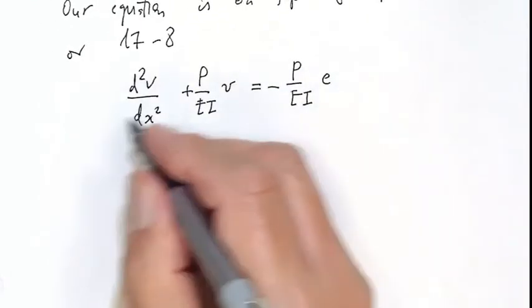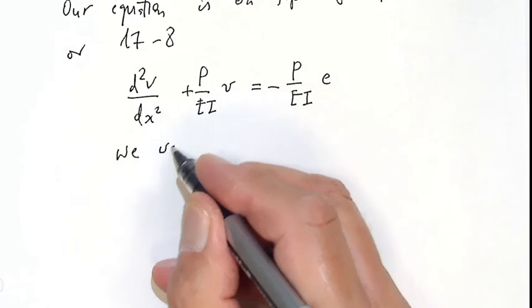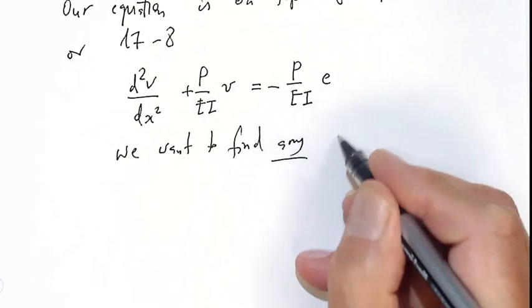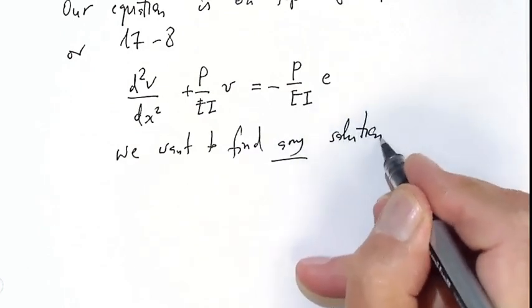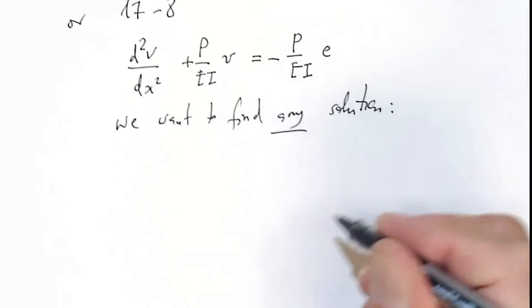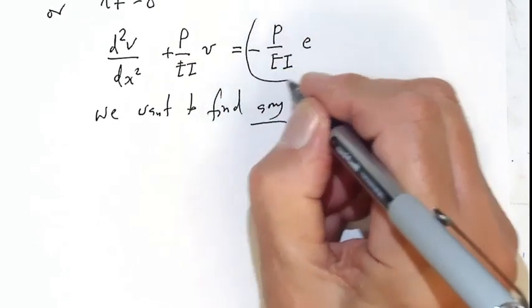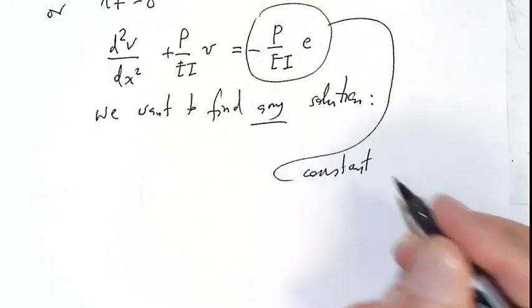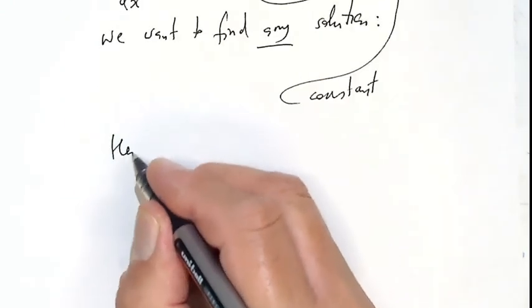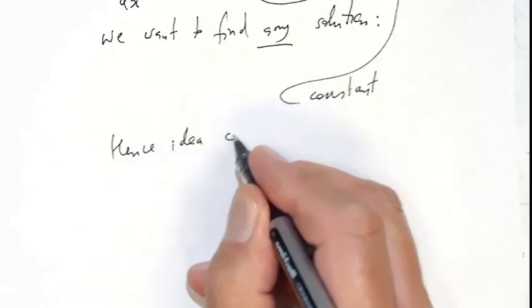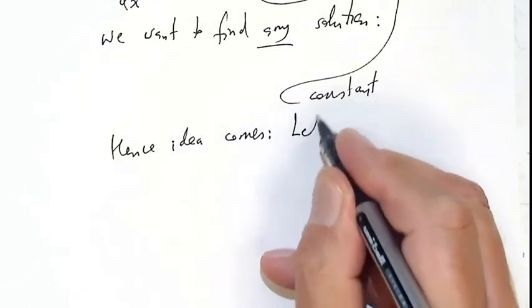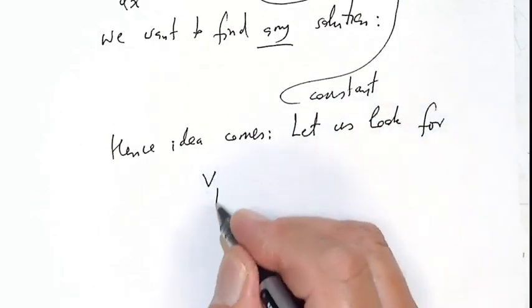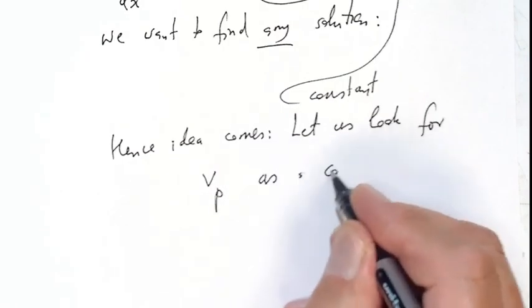Now, we want to find any solution. So, look please. This is a constant. So, hence, idea comes, let us look for v particular as a constant.